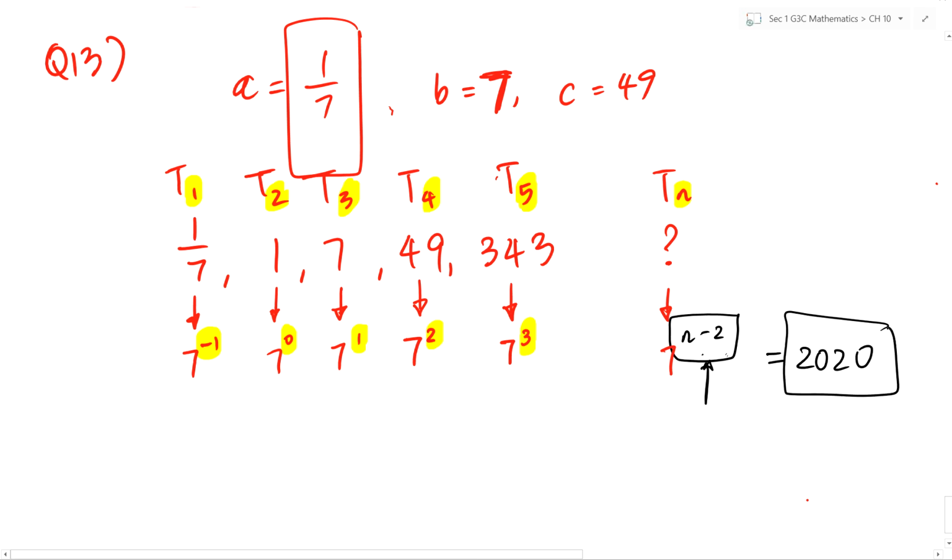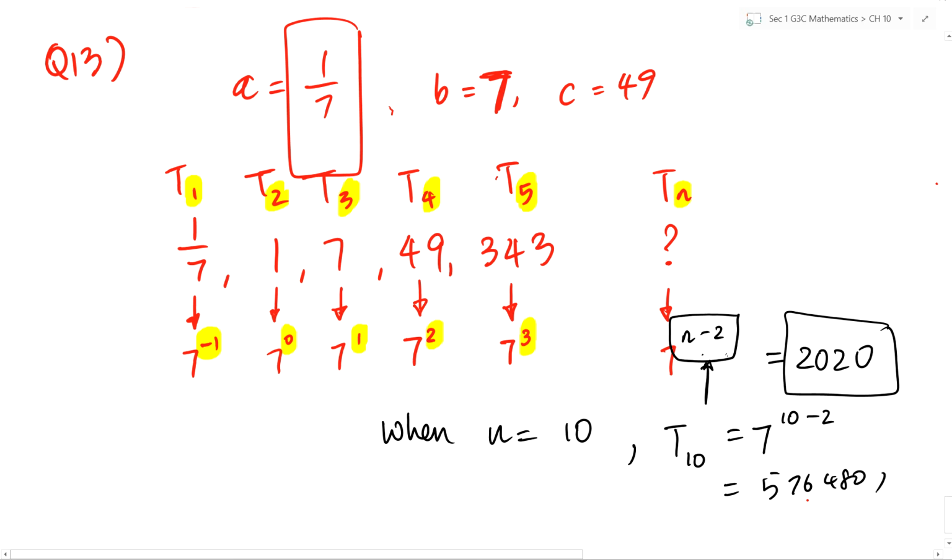Okay, so let's guess when n equals to, for example, 10. We will have T10, term number 10, is equal to 7 power 10 minus 2, which is 7 power 8. How much is that? Too big. It's too big. 5, 7, 6, 4, 8, 0, 1. Obviously, I must go lower, isn't it? Cannot try T10 already.